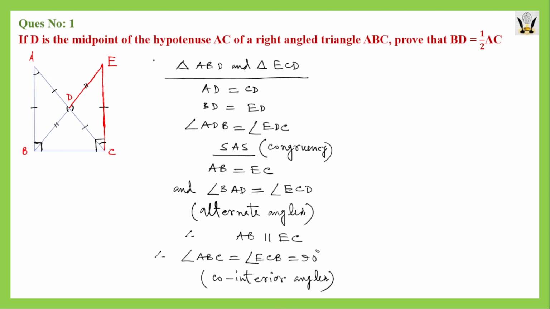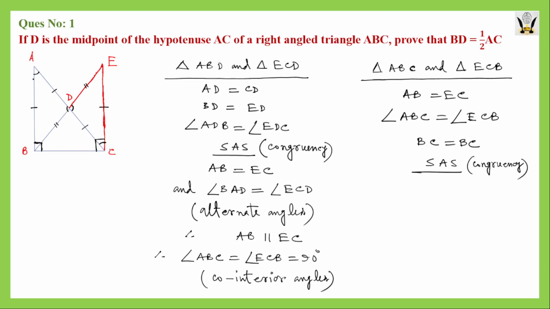Now if we consider these two triangles, triangle ABC and triangle ECB, between these two triangles AB is equal to EC, which we have already proved, angle ABC is equal to angle ECB, and BC is equal to BC, meaning BC is the common side for both the triangles.